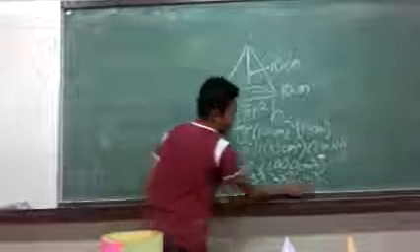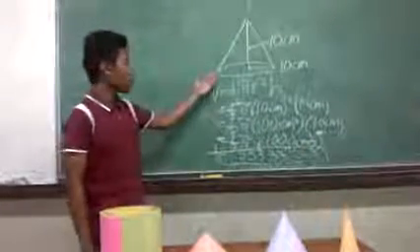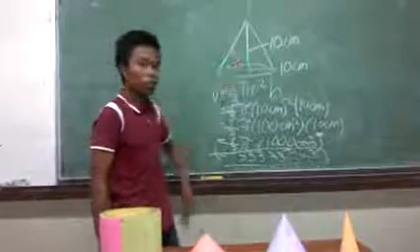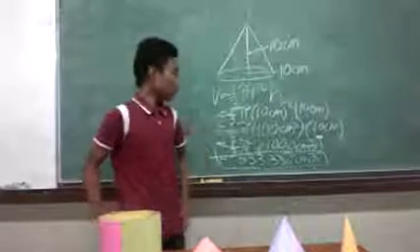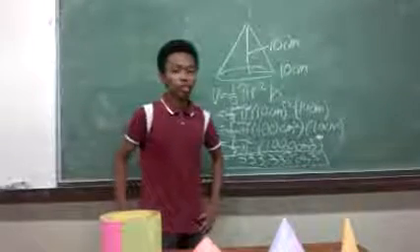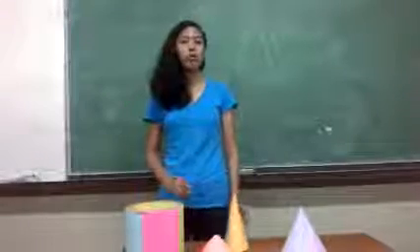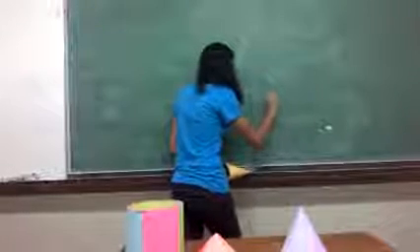And this is the answer for this cone. Therefore, the volume of this cone with a 10 centimeter radius and a height of 10 centimeter is equal to 333.33 pi cubic centimeter.